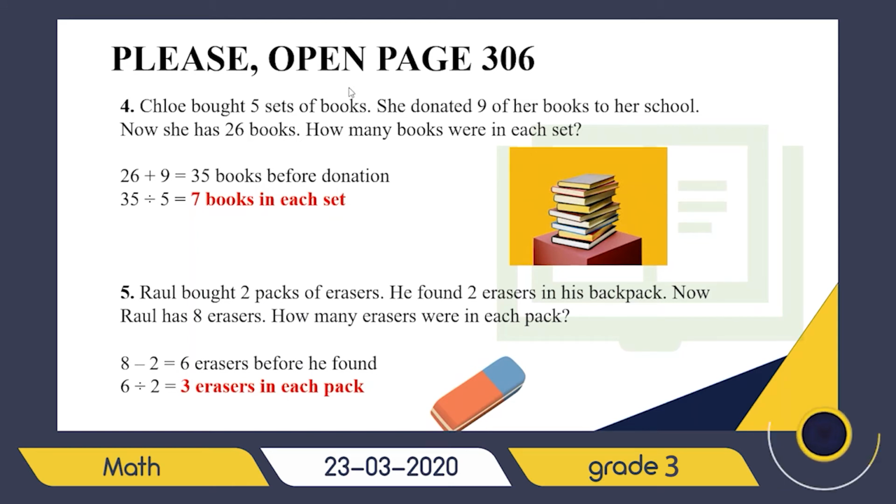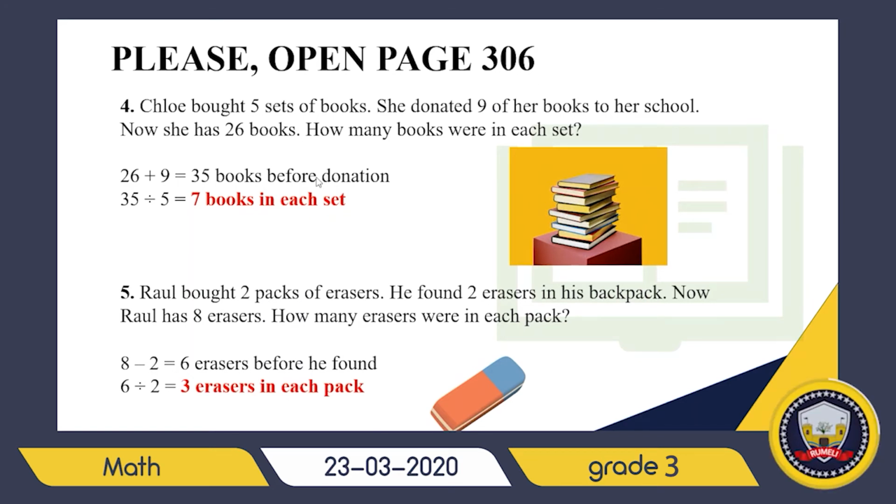Okay, check the second sentence now. She donated 9 of her books to her school. If you donate something, it means you give something. If you give something, you will lose it. But before this donation, how many books did she have? Before the donation, if I want to find the number of books, I need to do addition right now.